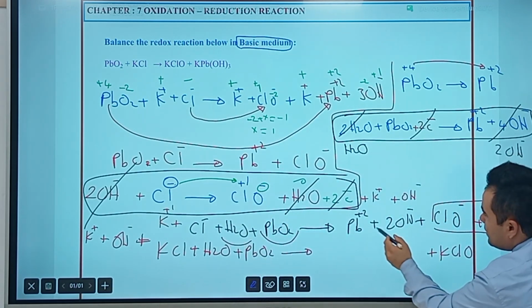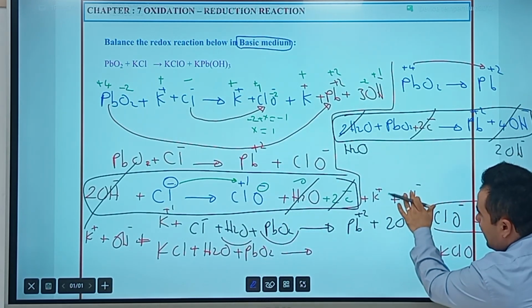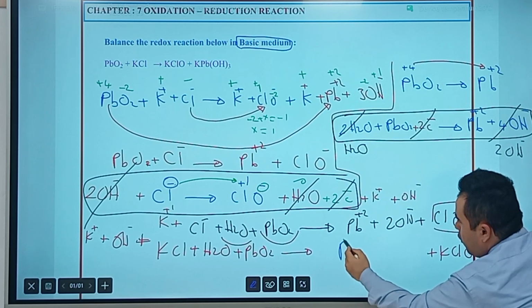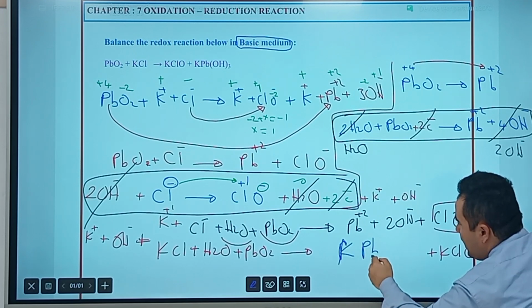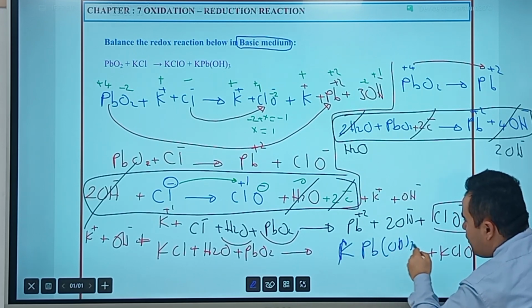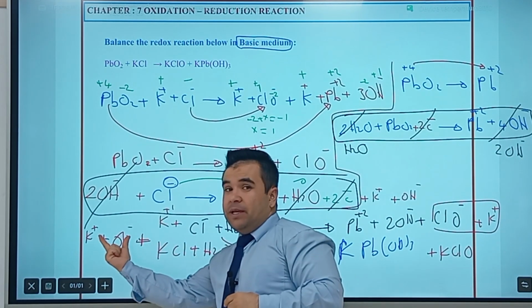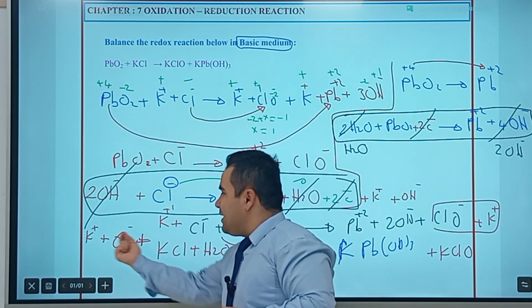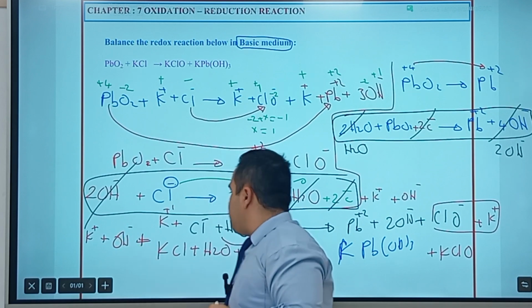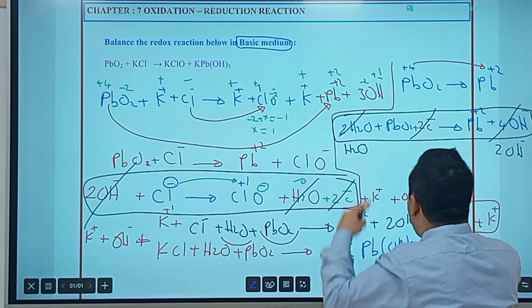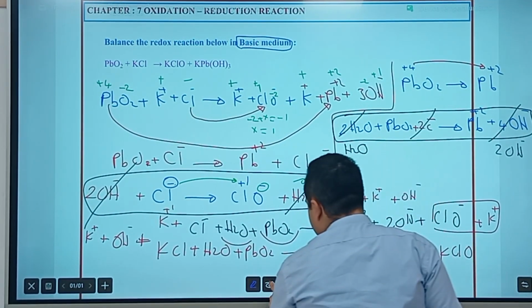So let us rewrite Pb with K plus 3OH will form KPbOH by 3. And then the ions must be combined. Don't leave it like that. K with OH, they will form KOH.